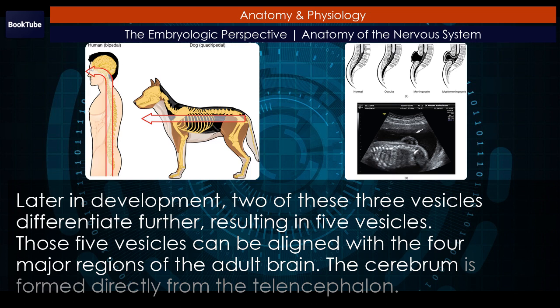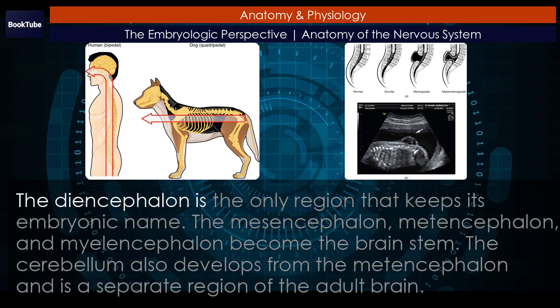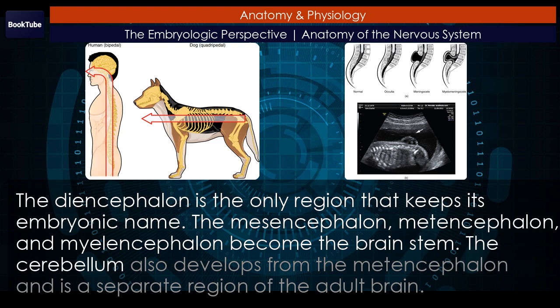The cerebrum is formed directly from the telencephalon. The diencephalon is the only region that keeps its embryonic name. The mesencephalon, metencephalon, and myelencephalon become the brainstem. The cerebellum also develops from the metencephalon and is a separate region of the adult brain.